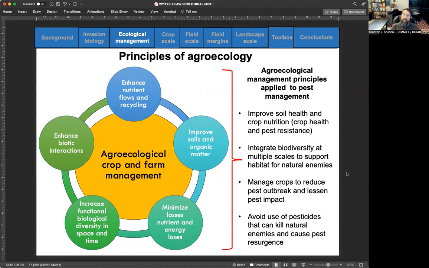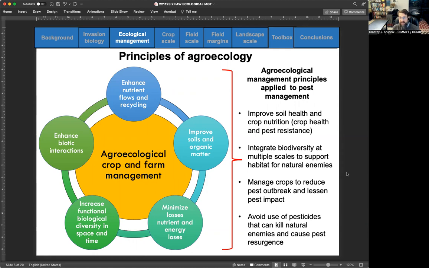So when we think about those issues and bring in thinking about some of the key principles for agroecological management, we need to think about the pest itself. You need to think about its natural enemies, and you need to think about the environments in which they work together in. And so some of the principles of agroecological management as applied to fall armyworm would include improving soil health and crop nutrition, integrating biodiversity when and where appropriate to support habitat for natural enemies, management of crops to reduce pest outbreak and reduce the impact of the pest, and to avoid the use of pesticides that can kill natural enemies and cause pest resurgence.